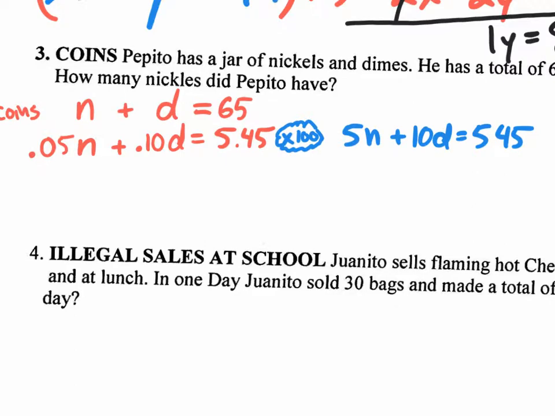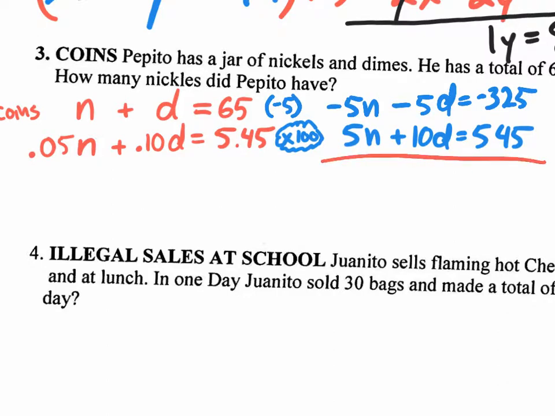So when I multiply by -5, that'll give us a -5n, a -5d, and here's the tricky one, 65 times -5. Calculator's good. -325. And now we're going to combine the lines, eliminate the n's.